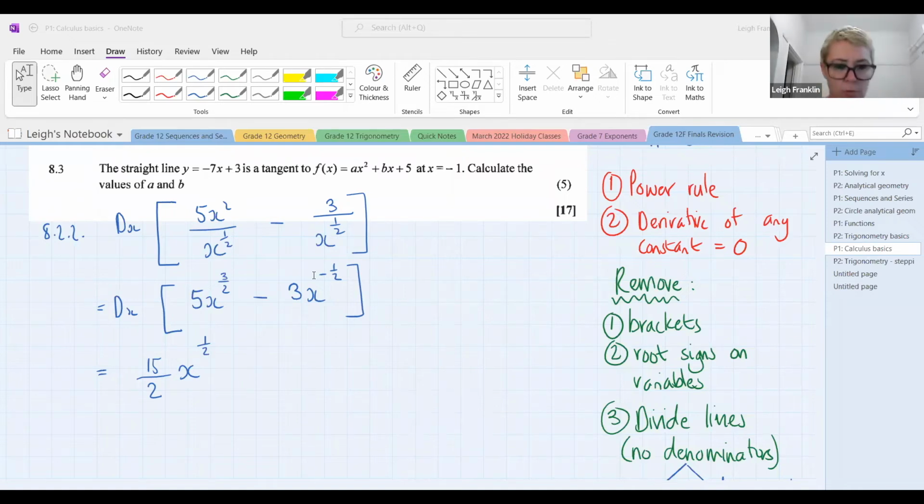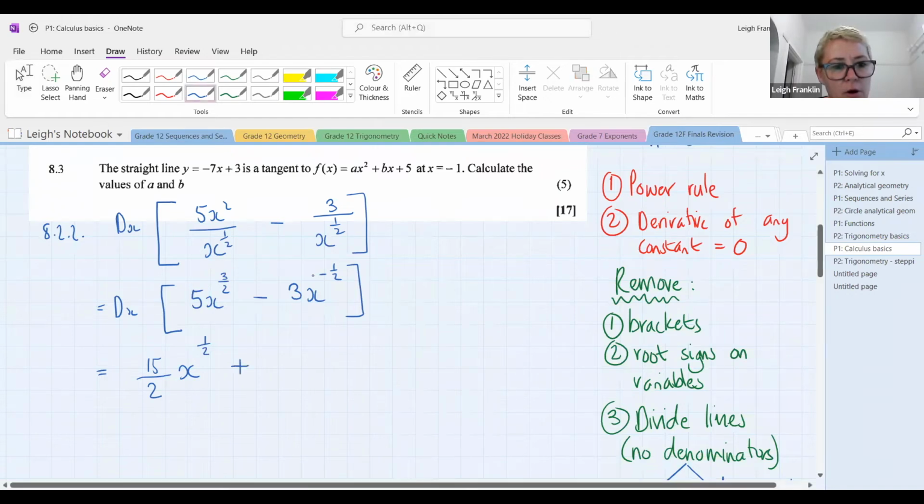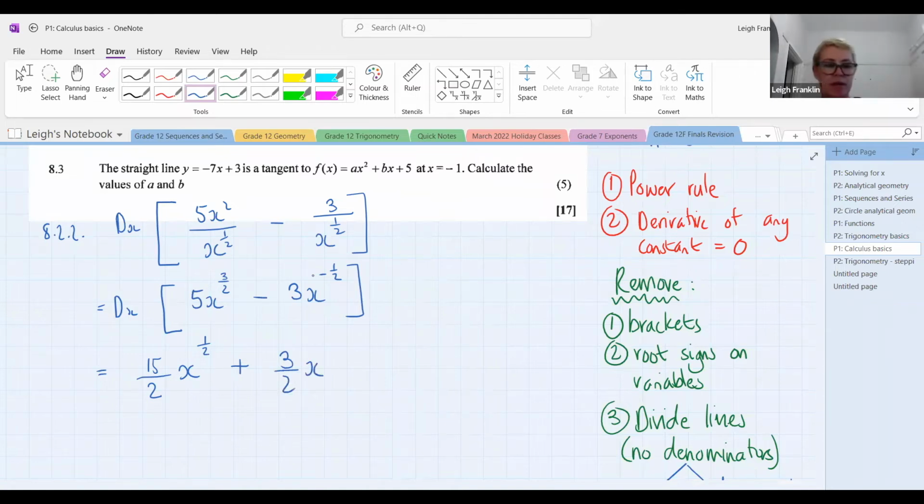So here a negative times a negative is a positive. 3 times a half would leave us with 3 over 2 x, and then what's the exponent going to be on that second term of our derivative? That's it.